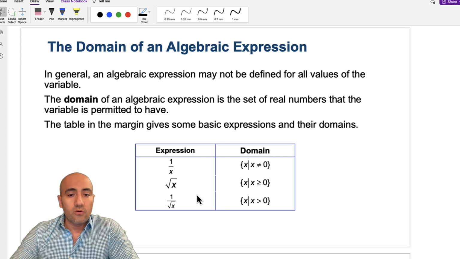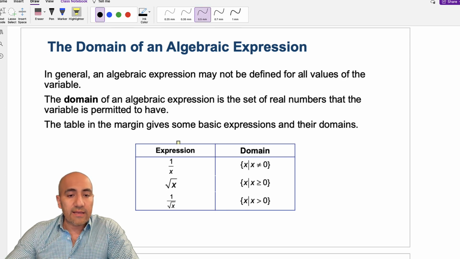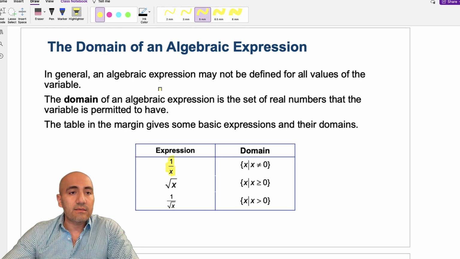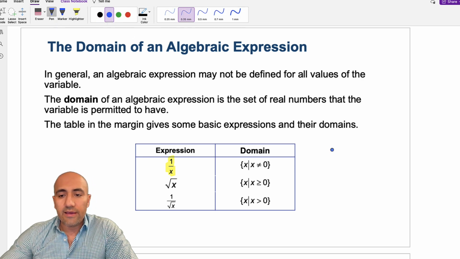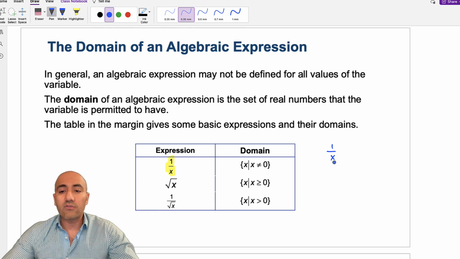For this first example, 1 over x, we have to ask ourselves, what can x be? Let me come back over here. If we have 1 over x, x is allowed to be 2.